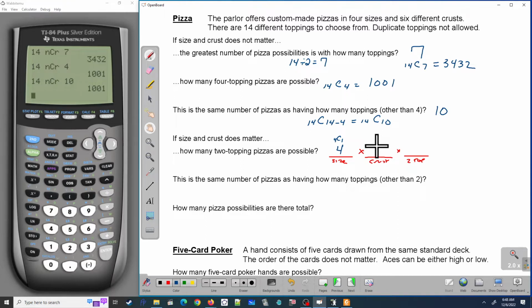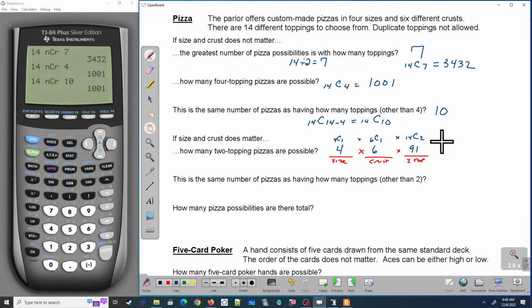So I'm going to now say there's 6 crusts, but I should have said that was actually 6C1. And then the 2 toppings, well, that one I'm going to need to figure out using combinations, since putting on, let's say, sausage and pepperoni doesn't really matter how I placed them on there traditionally. And I found out that there were 91 different ways to do that.